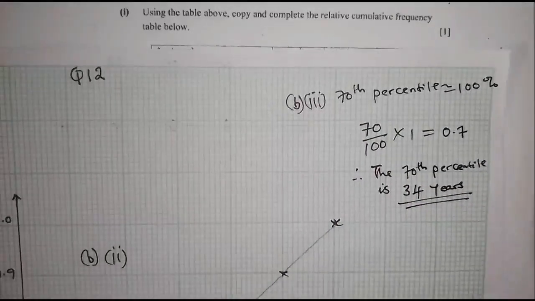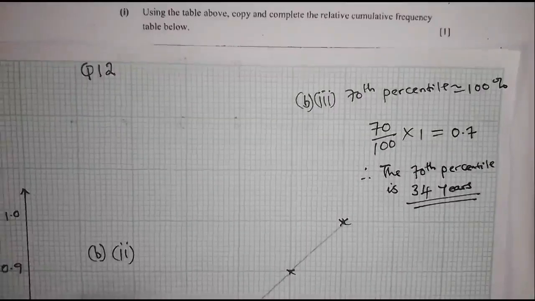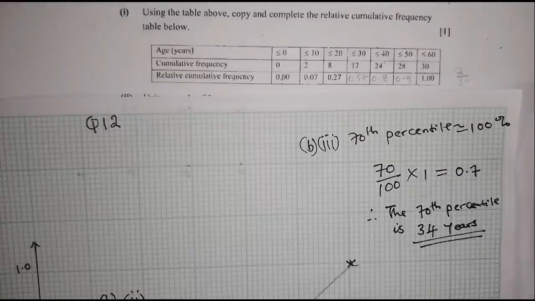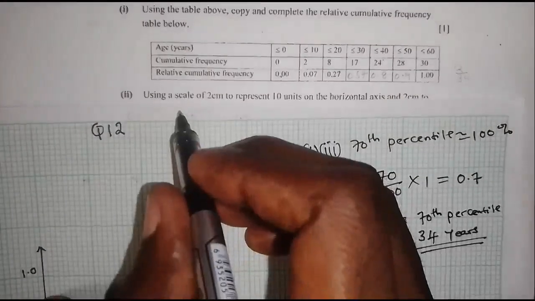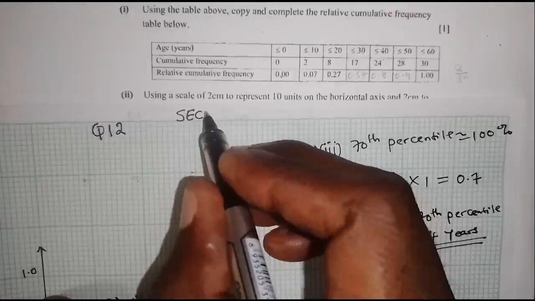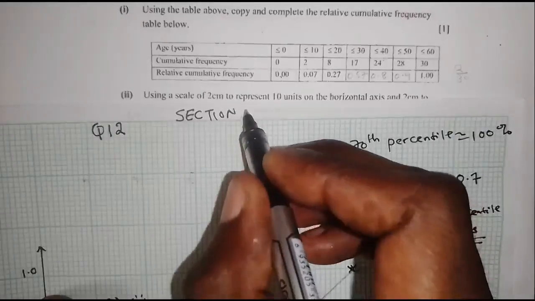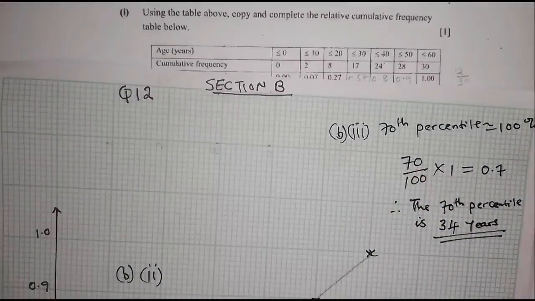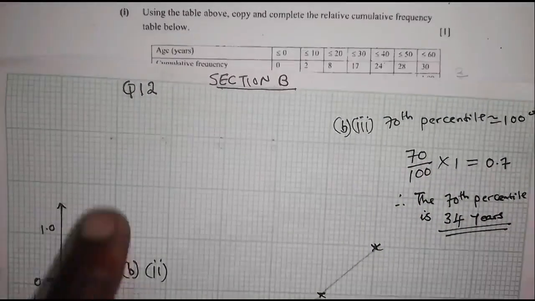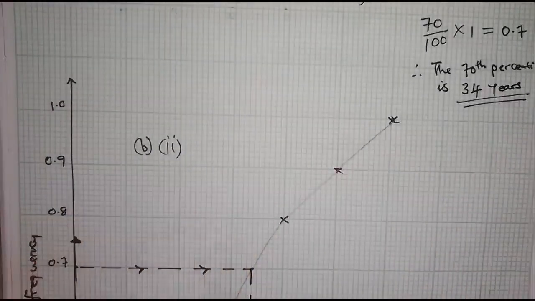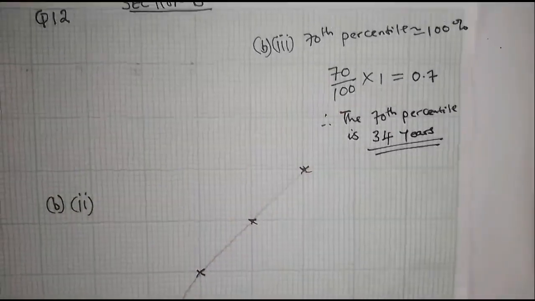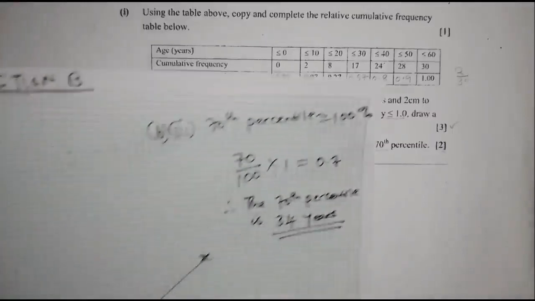It's better that you are numbering them, because this is not the only graphical work that you are looking at. Also say section B. This will tell the examiner that this question is on section B, question 12. Then the graphical part is B2, then the percentile part is B3. So this is how you can go about answering this question 12 on statistics.